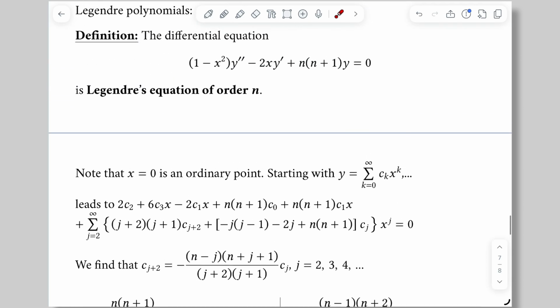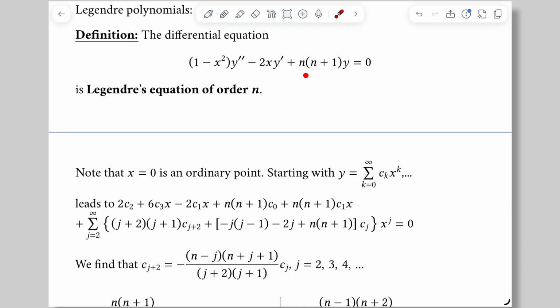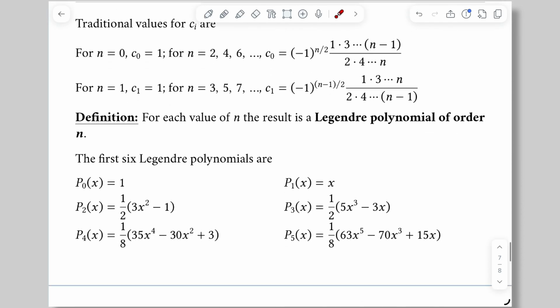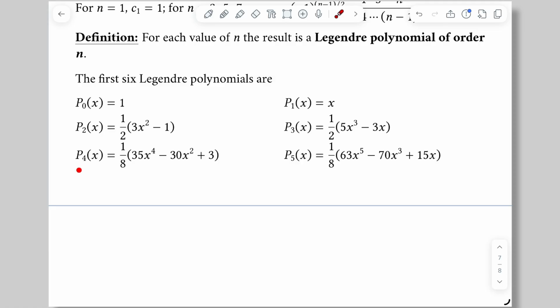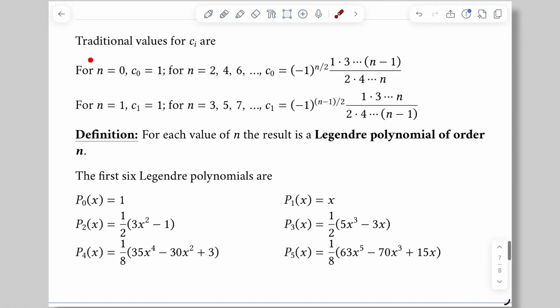If in place of n in that equation we have, say, a 4, then the solution would be a Legendre polynomial of order 4, which is p sub 4 of x is 1/8 times the quantity of 35x to the 4th minus 30x squared plus 3. They come from traditional values for the coefficients.